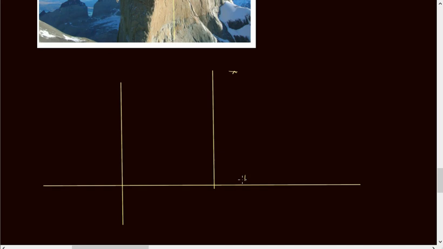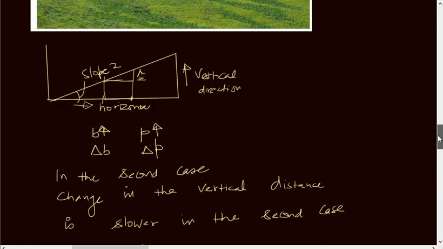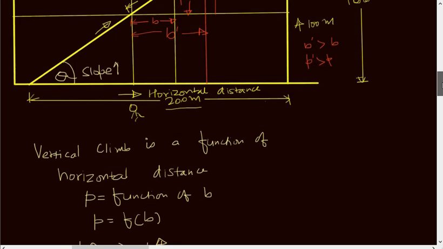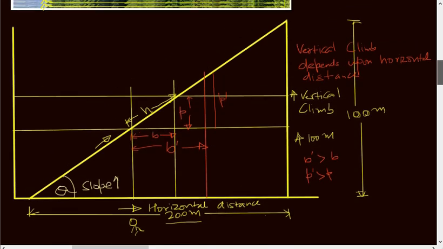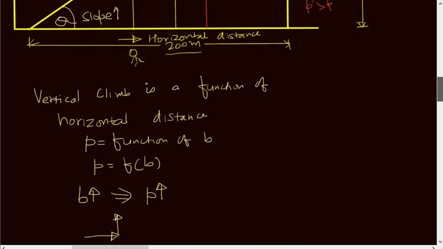So in this case, the slope is this. So in this case, slope is larger than even the case of the first mountain.